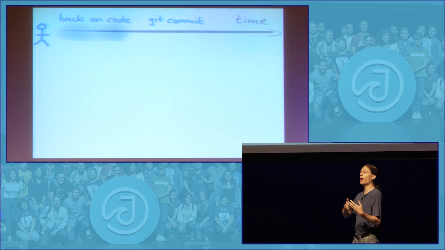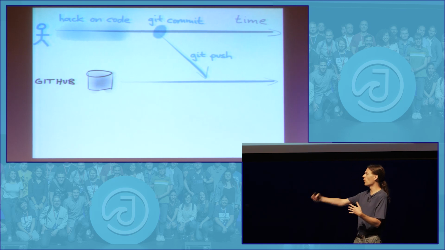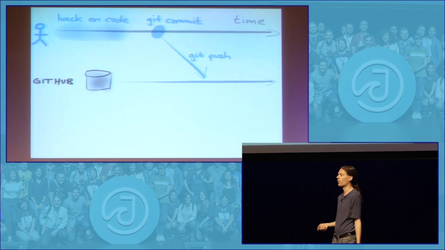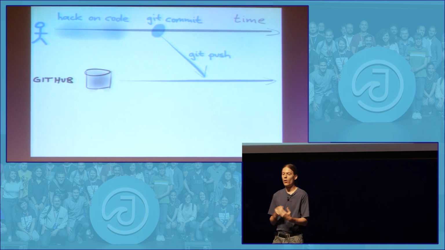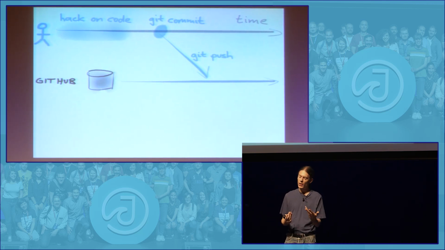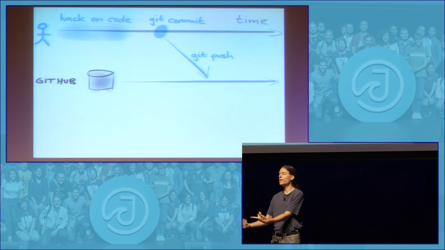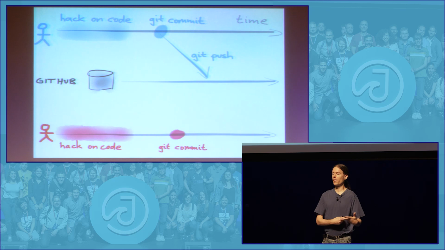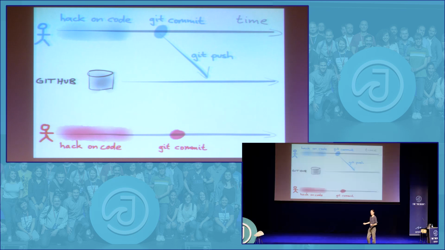And then in order to share it with your colleagues, you push it somewhere to a repository where the others can access it, which might be GitHub or might be some kind of internal repository. So this is the way you make some changes to the data and then you communicate it to your colleagues by pushing it to a repository. While this is happening, other people might also be editing the code.